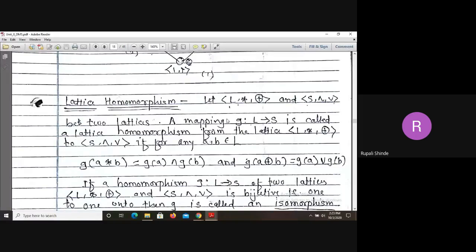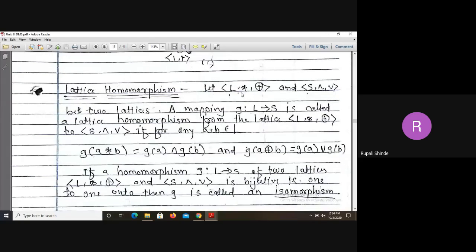So let (L, *, ⊕) and (S, ∧, ∨) be two lattices. Then a mapping g from L to S is called a lattice homomorphism from lattice (L, *, ⊕) to (S, ∧, ∨) if for any a, b belonging to L.